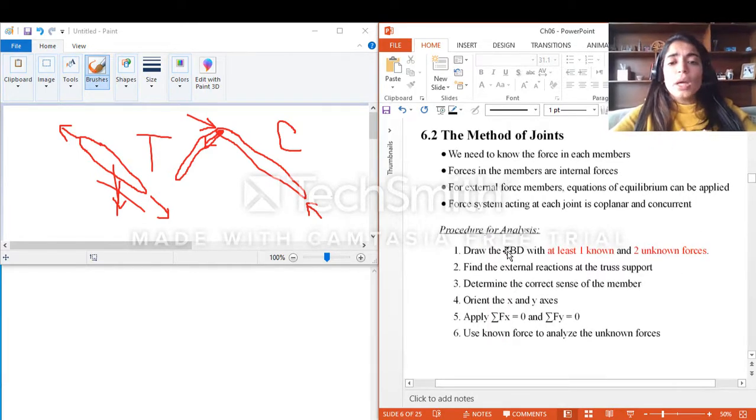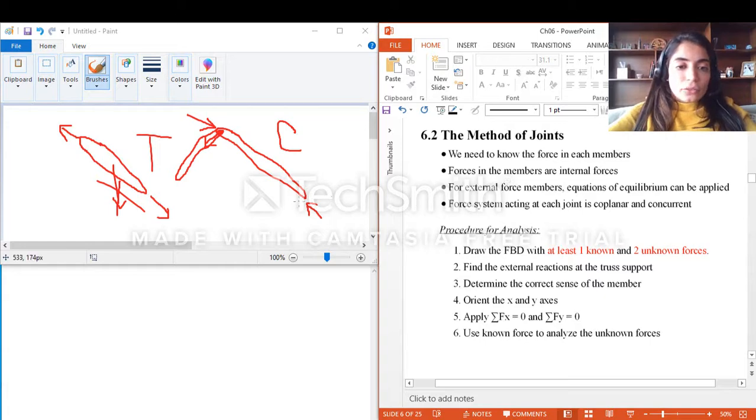Now, how to do the method of joints? First of all, guys, let's focus on the objective of this chapter. The objective of this chapter is to find the internal force inside the members of the truss.